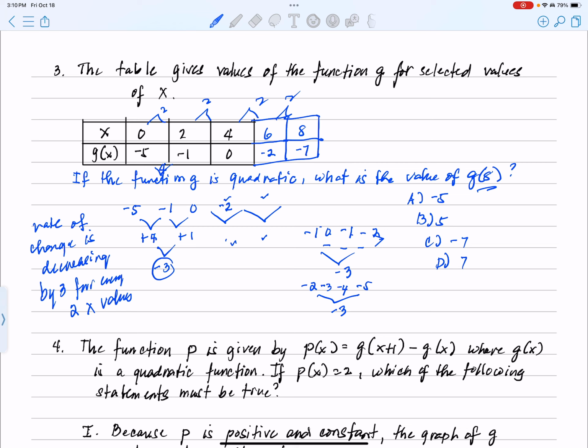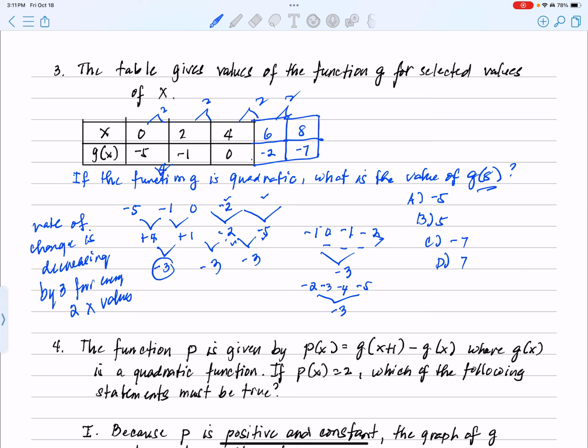Because from 0 to -2, the difference is -2 minus 0, that's -2. Then -7 minus -2, that would be -5. And what's the difference from here? That is -3, -5 minus -2, that's -3.